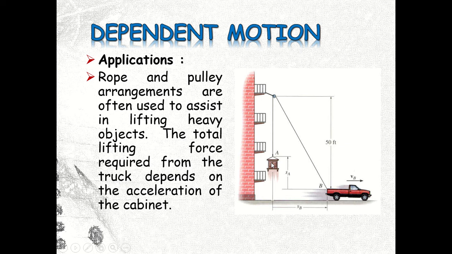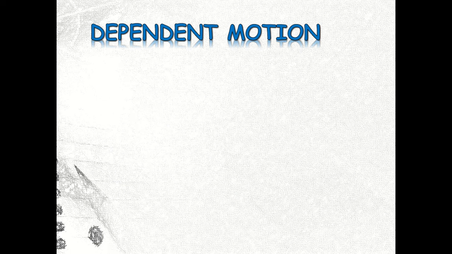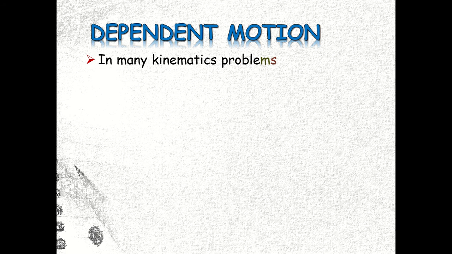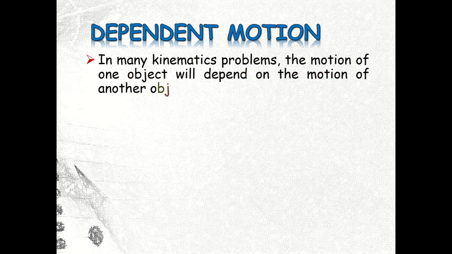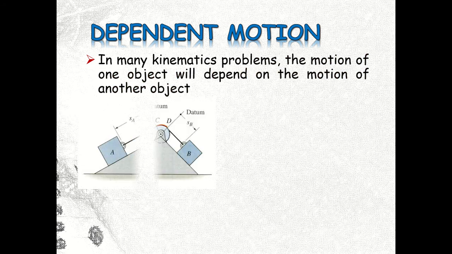All right. Now, to help us understand this concept, let us have some illustration here. In many kinetics problems, the motion of one object will depend on the motion of another object.